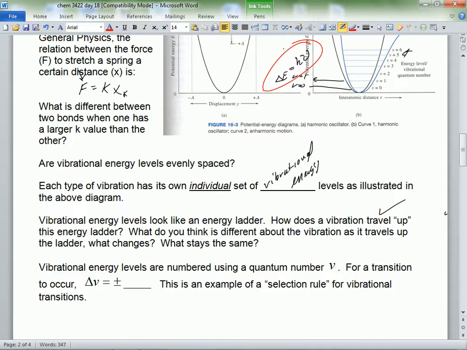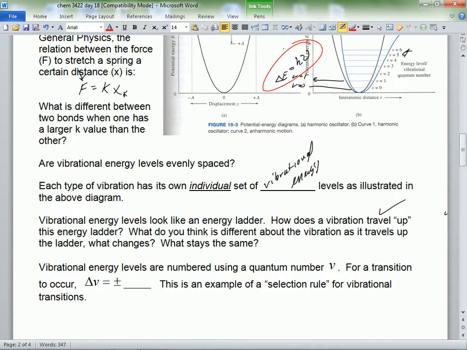I could keep changing the amplitude and give it so much energy that finally it's going to break the bond, but no, I'm not giving it that much. So what is different about the vibration as it travels up the ladder? The amplitude of the vibration changed. The frequency stayed the same.